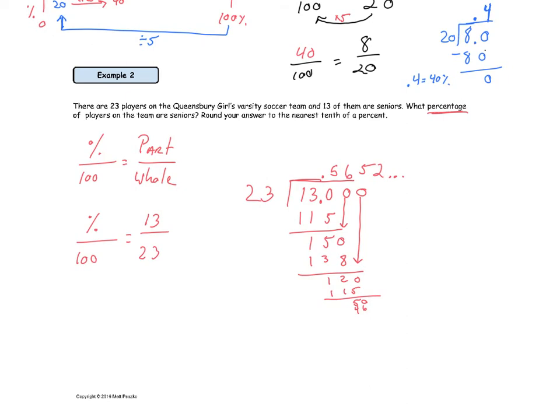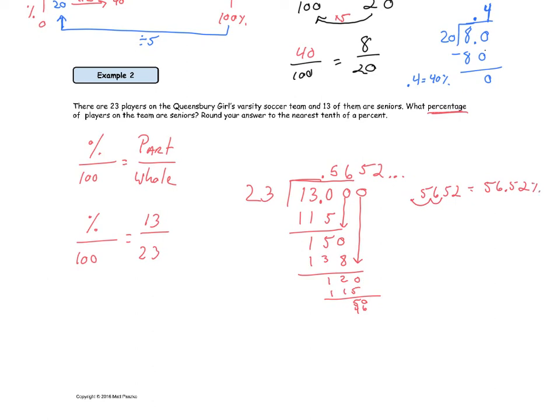The quotient of 13 divided by 23, I end up getting a decimal of 0.5652, meaning that it continues. But I went to the 10,000th place value because we know that you can change this decimal to a percent by moving it over 2 places to the right.